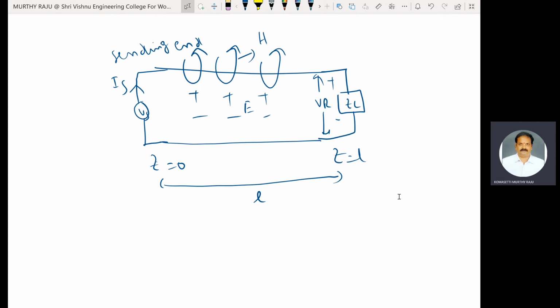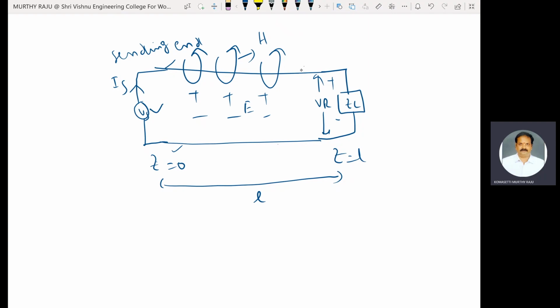When a current Is is passing through the line due to applied voltage Vs across the two conducting wires, conducting wire 1 and conducting wire 2, then there exists a voltage drop within the conductor.